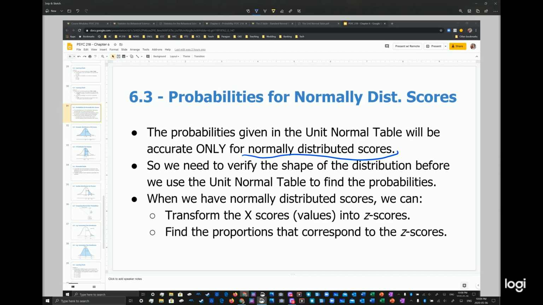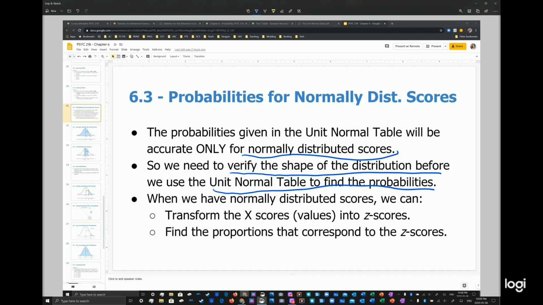So then, as the rest of this slide says, when we do probabilities, we want to make sure that the distribution is normally distributed before we start using the unit normal table. For the purposes of this course and the questions you're going to get related to this chapter, you can assume for now that the population is normally distributed.